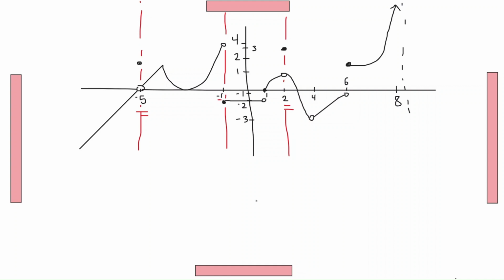Okay, so we're going to try the limit as x approaches 6, so we're going to worry about this one right now, from the left. We're going to practice the limit as x approaches 6 from the right, and we're also going to practice the limit as x approaches 6, the two-sided limit, and it may be the same, it may not be.